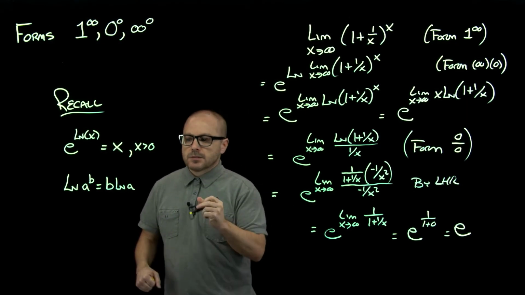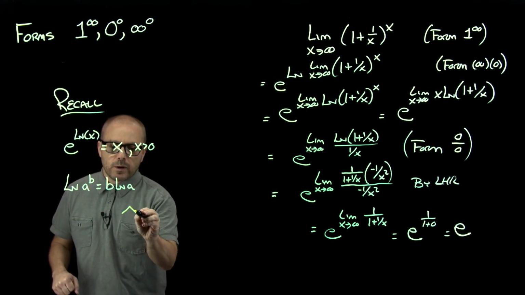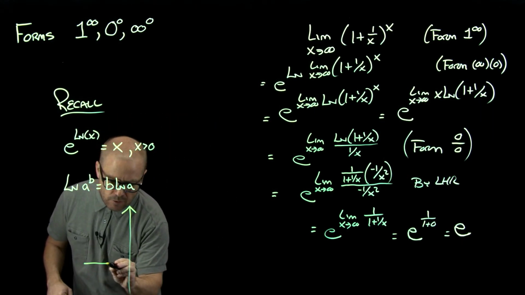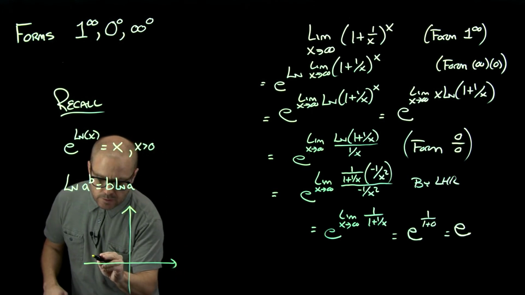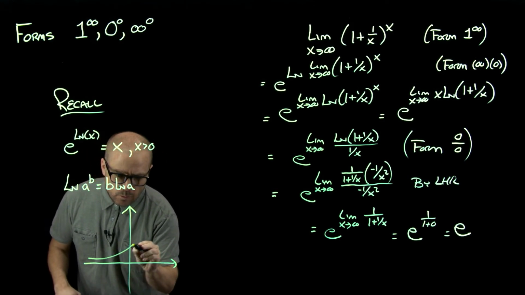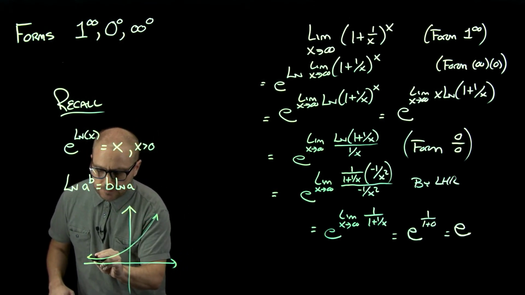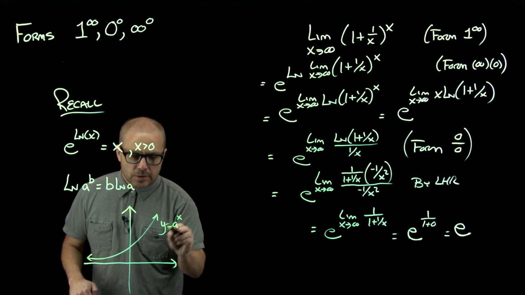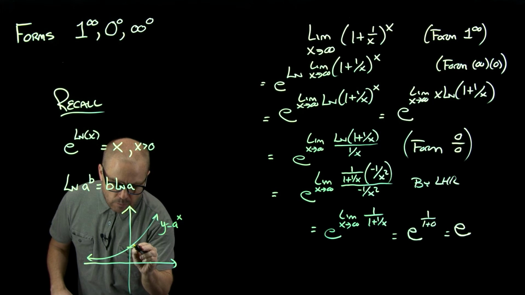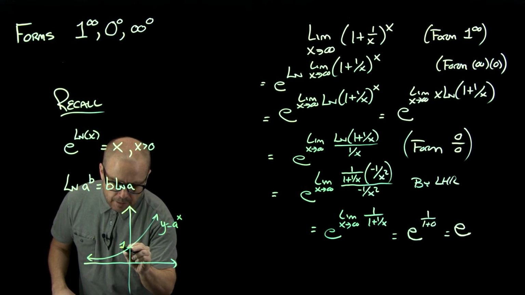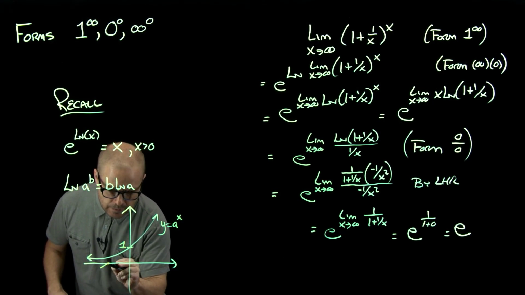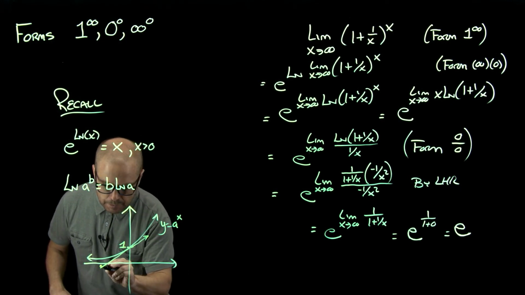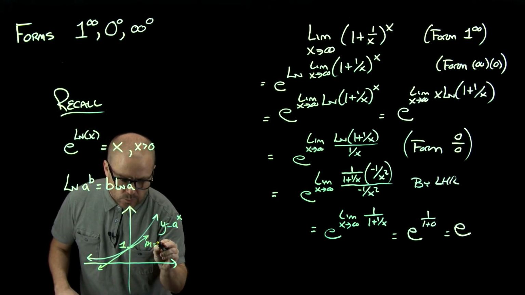So let's just remind ourselves what we really have proven about e so far in this sequence. We initially defined e by saying that there's some exponential where at 0, the slope of the tangent line is 1.